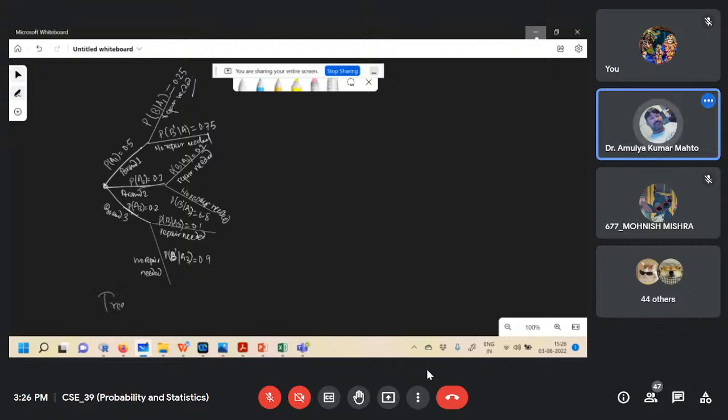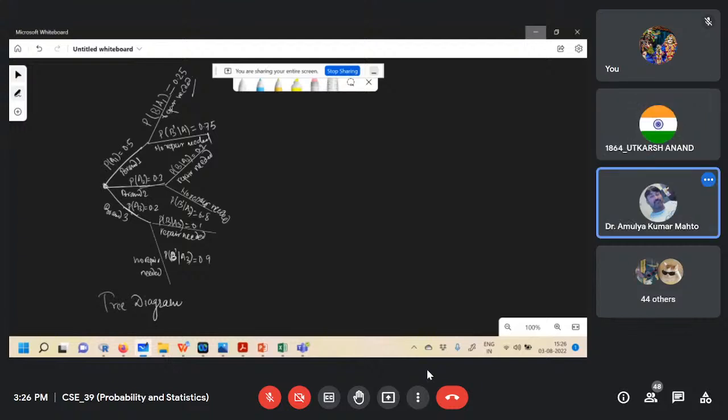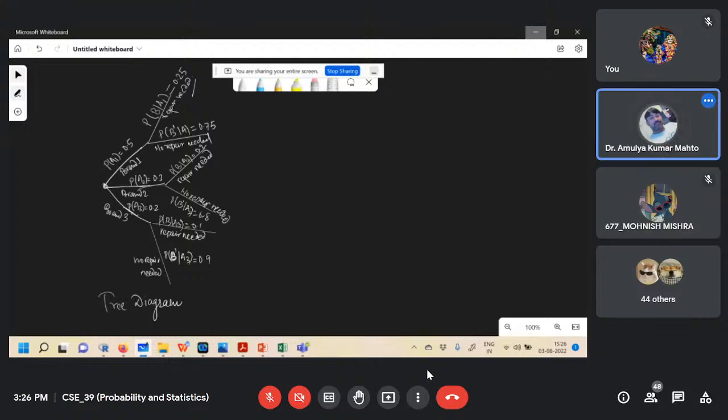We call it a tree diagram. So let's come to the problem. The first problem is: what is the probability that a randomly selected purchaser has bought a brand 1 DVD player that will need a repair while under warranty?